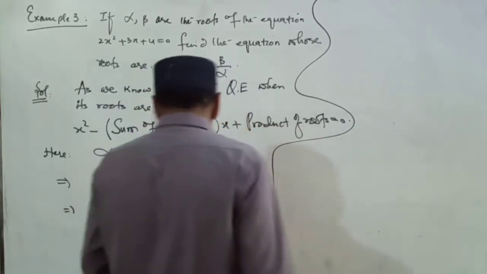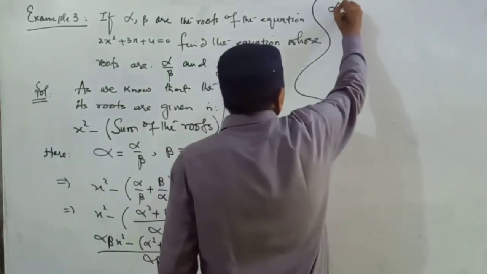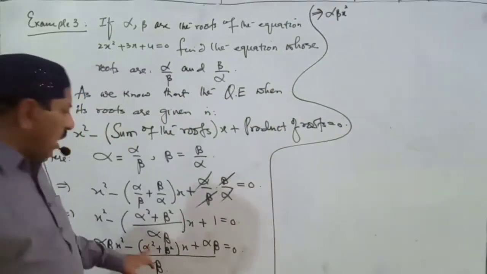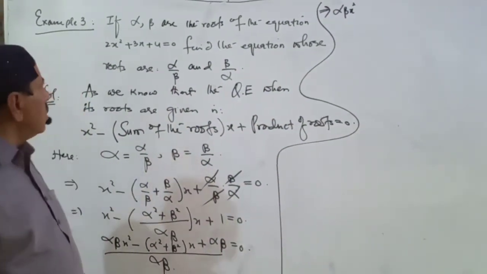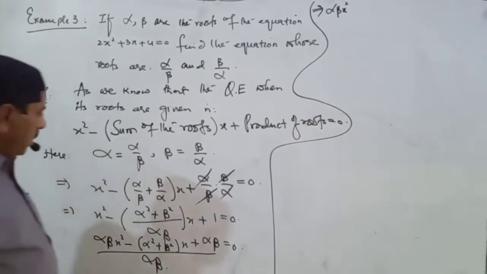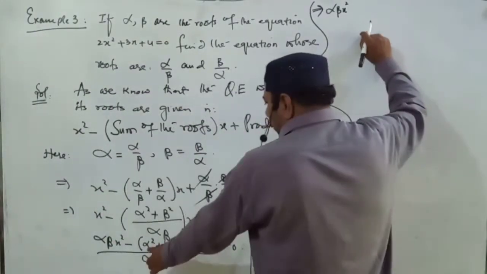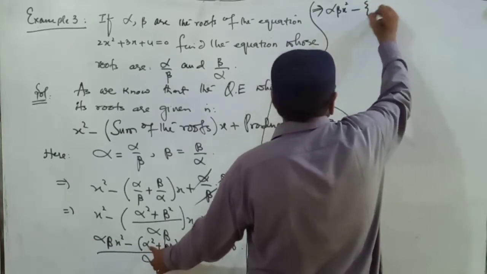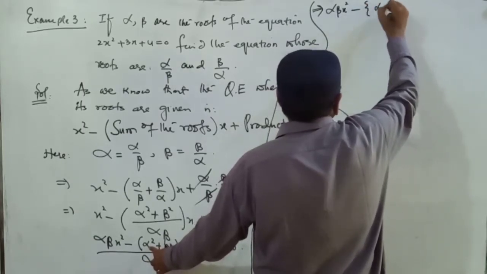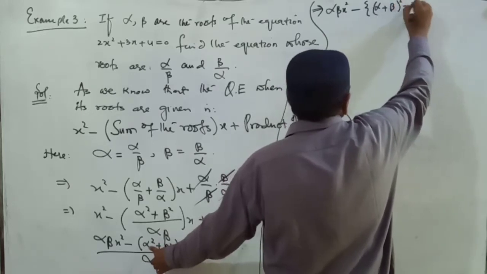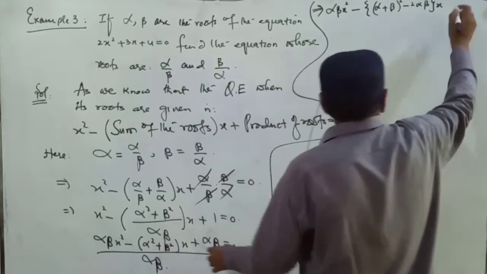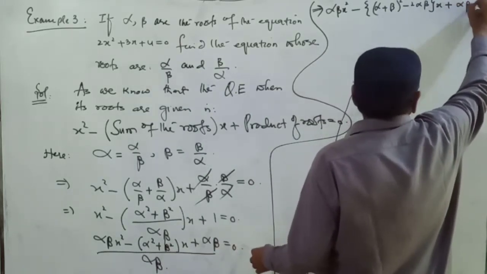So the equation is alpha beta x square minus (alpha square plus beta square) x. This can also be written as alpha square plus beta square equal to (alpha plus beta) whole square minus 2 alpha beta, x plus alpha into beta is equal to 0.